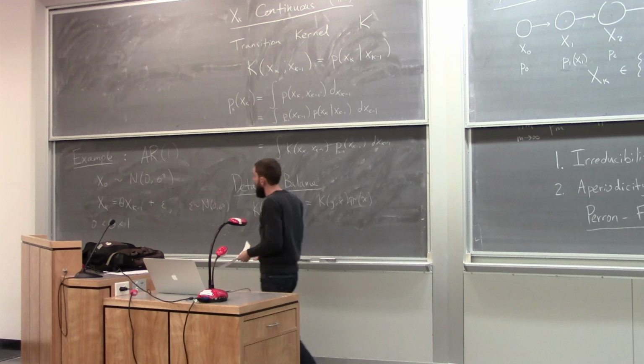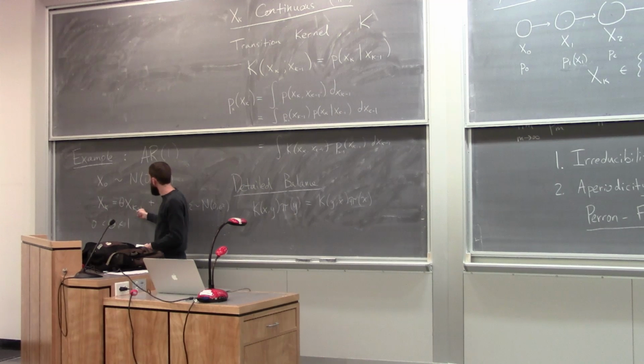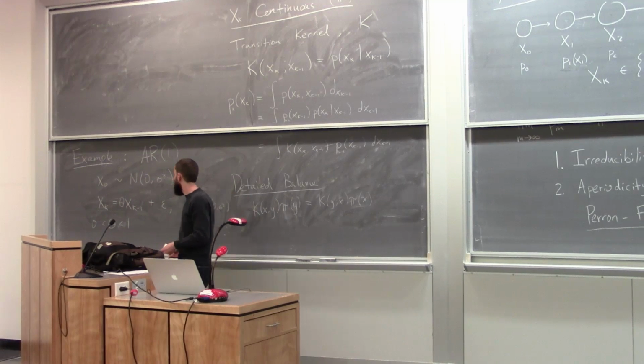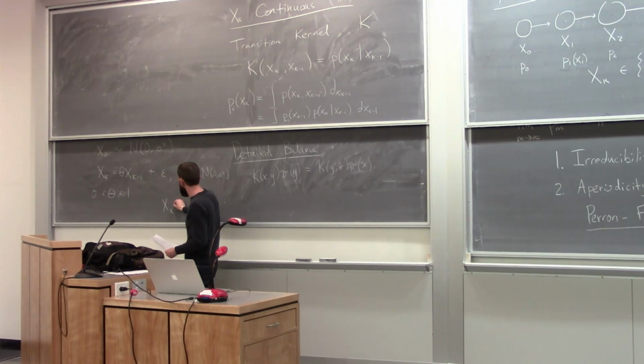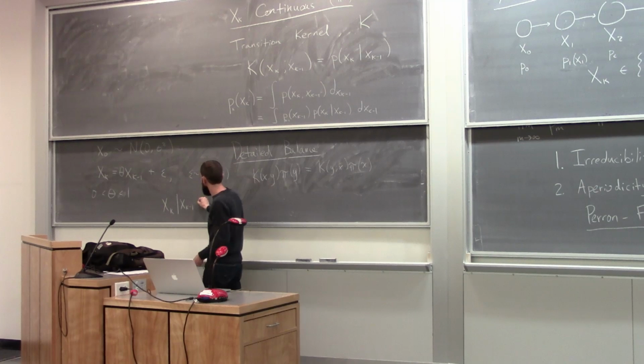And of course, xk minus 2 had some influence on xk, but if I know xk minus 1, I don't need to know anything before it. Another way to say this is that xk given xk minus 1, this conditional distribution, is just Gaussian with mean theta xk minus 1 and variance sigma squared.